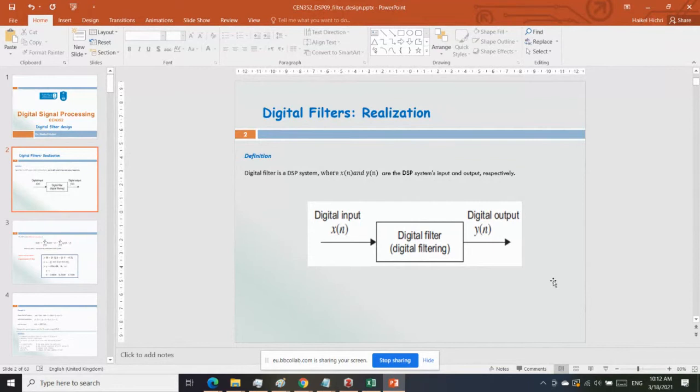So a digital filter is just a system, a DSP system, where we can apply it on a signal x[n] and it gives us a new signal y[n]. So a digital filter is just a type of DSP system.